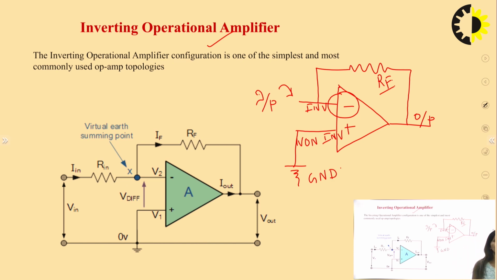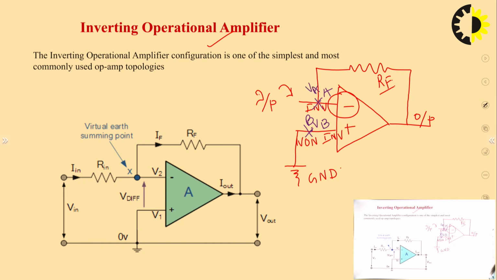While doing the numerical for the inverting operational amplifier, we must consider these two terminals. Let's say this terminal is A and this terminal is B. The voltage here is VB and the voltage here is VA.